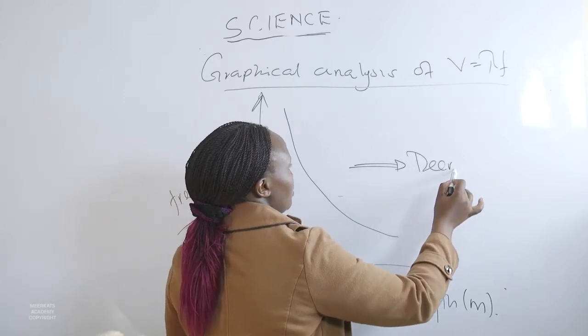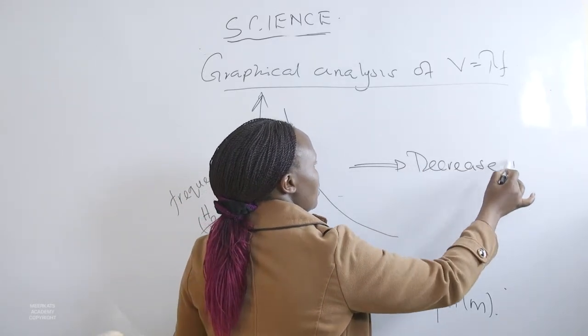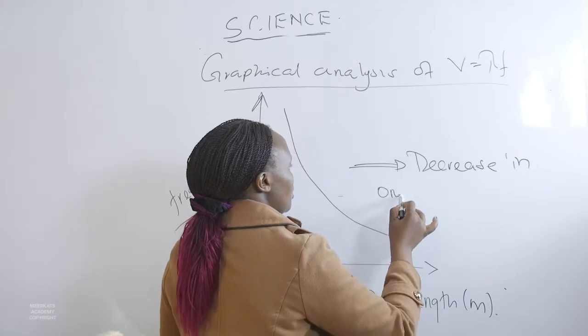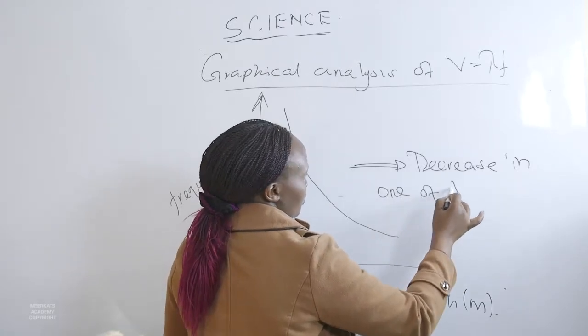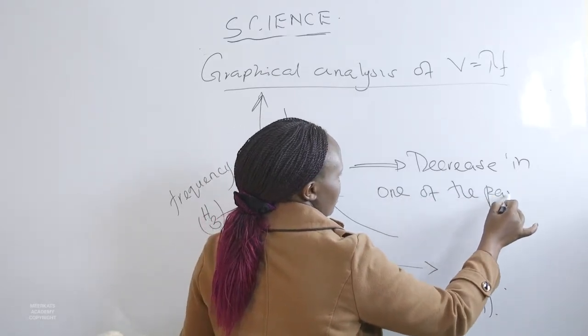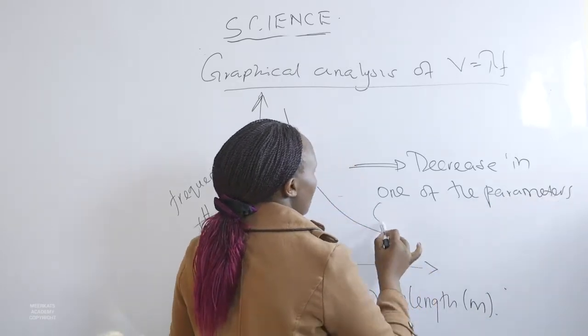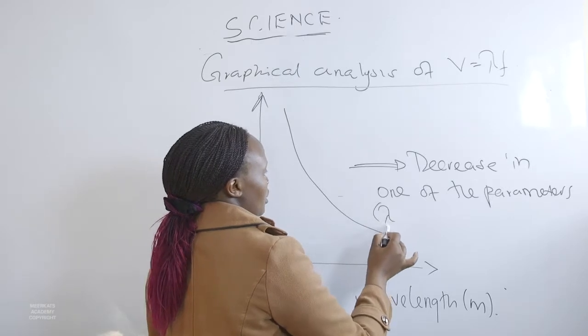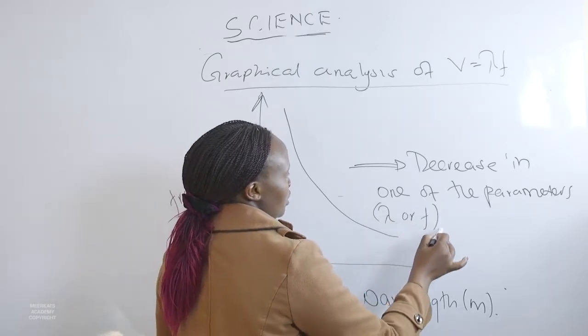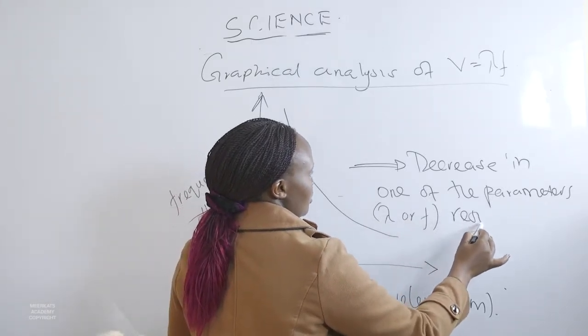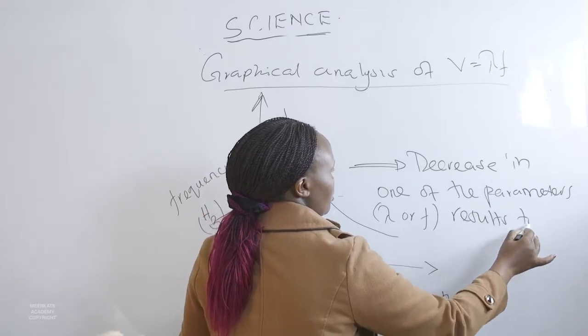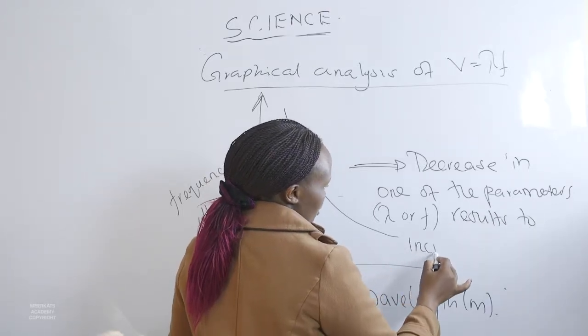It is a curve that does not have intercepts, implying that a decrease in one of the parameters, either lambda or frequency, results in an increase in the other.